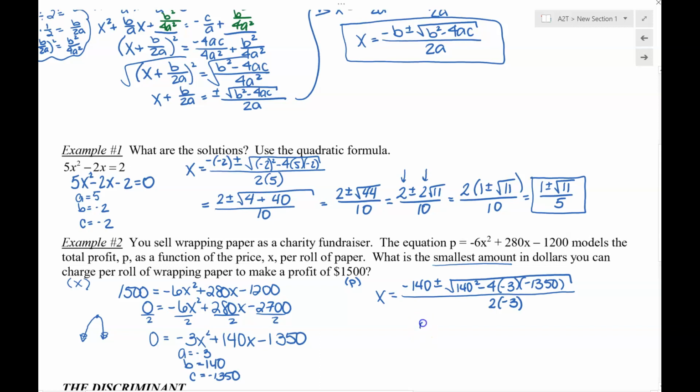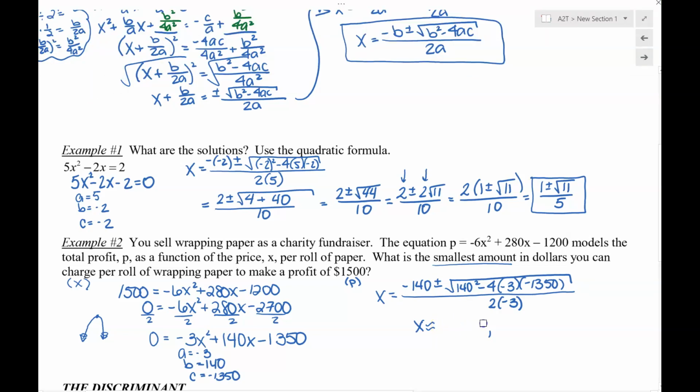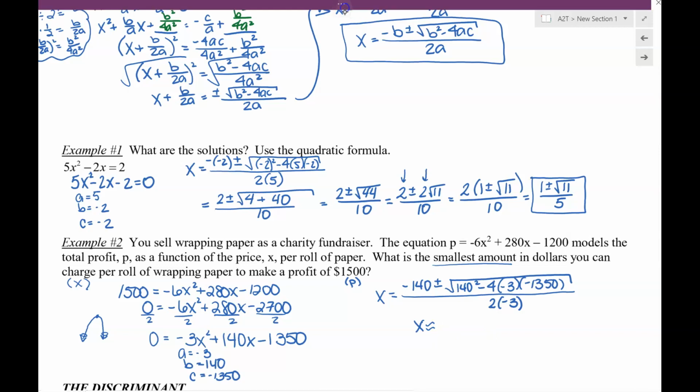Okay, so we have x, oh gosh, x is approximately negative 149.7, and you're gonna have to do it twice. Oh man, what did I do that was wrong? Haha, and I found it. I put it in my calculator wrong. So learn by example, ladies and gentlemen. Be careful when putting it in your calculators, please.